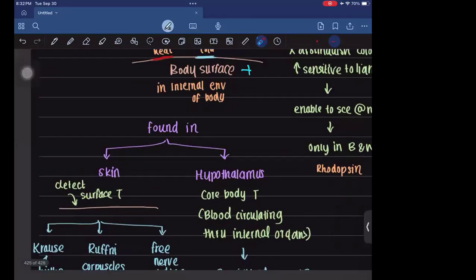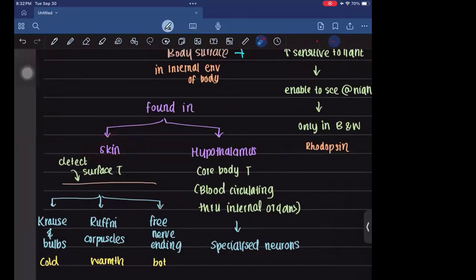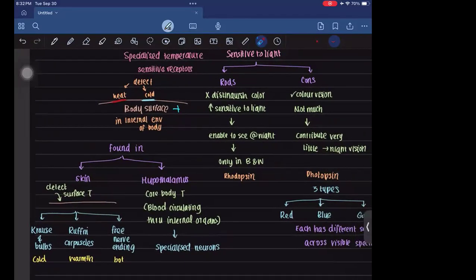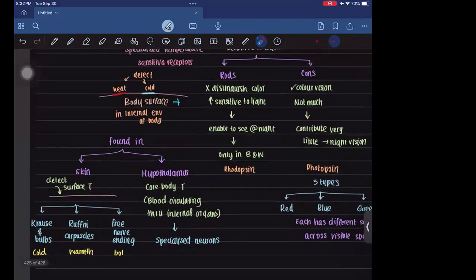If they are present on the skin, they are detecting the surface temperature, your body surface temperature. Our concern is that these thermoreceptors should be able to detect the body surface temperature as well as the internal environment temperature. The ones on the skin detect the surface temperature, and the ones in the hypothalamus detect the core body temperature, which means the internal temperature. So they are found in the skin and in the hypothalamus.